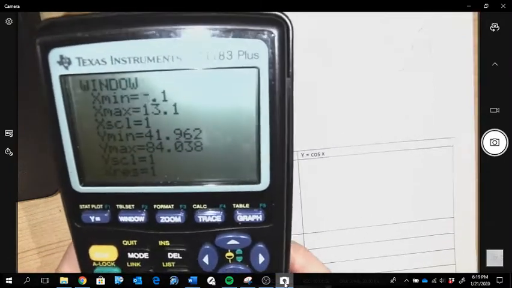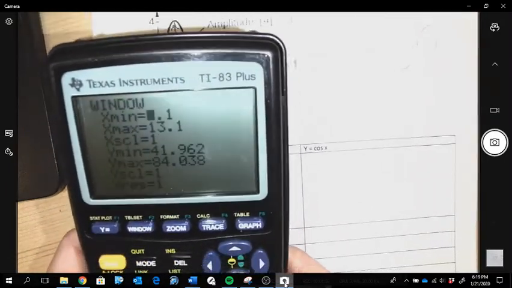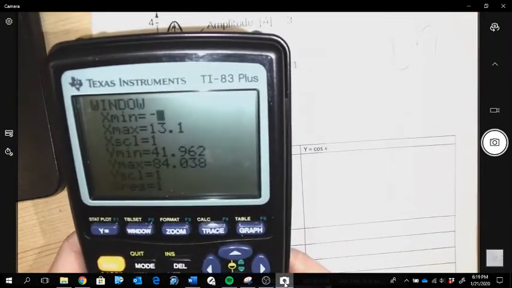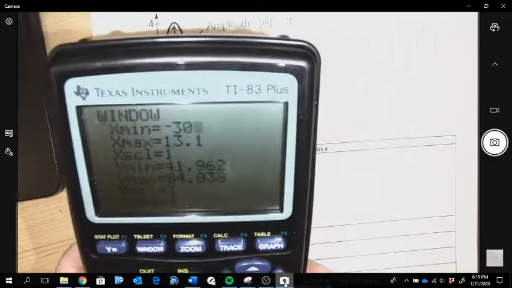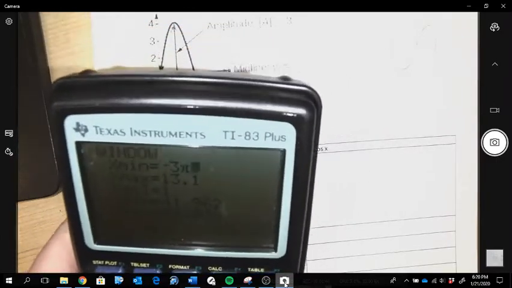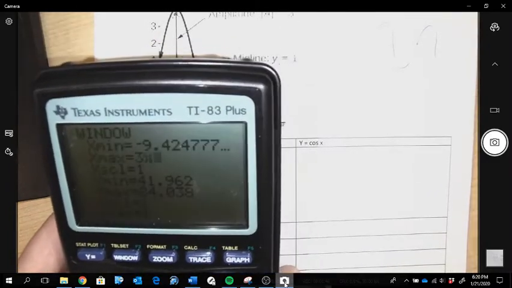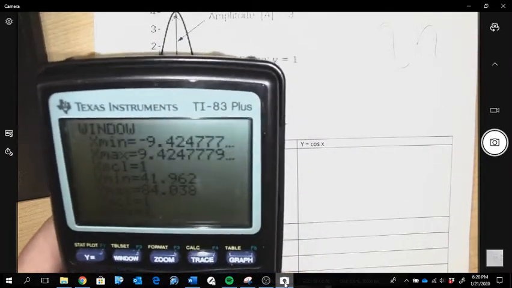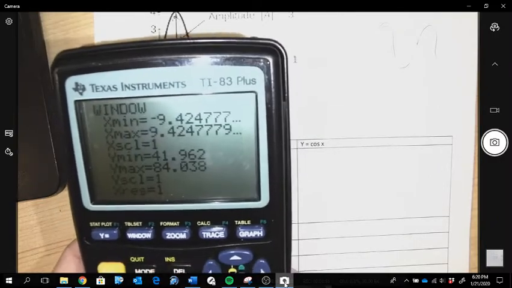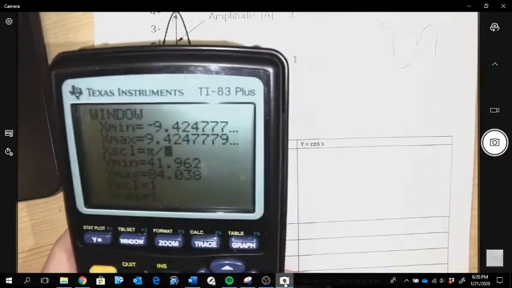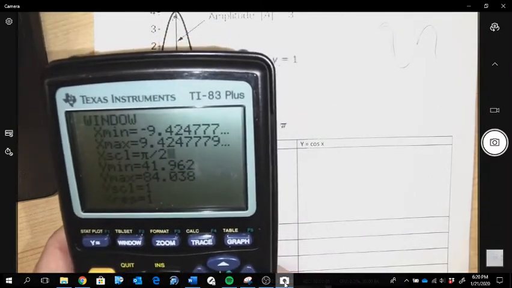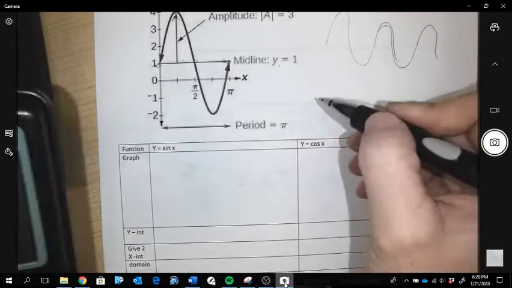So I'm going to change my x min to negative 3 pi, and your max is 3 pi. And we're going to make the scale pi divided by 2, which is 90 degrees. So what am I doing?